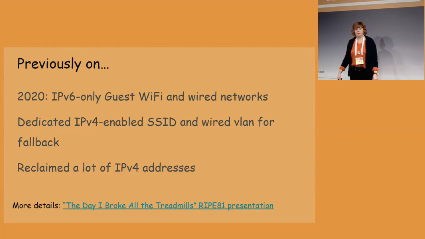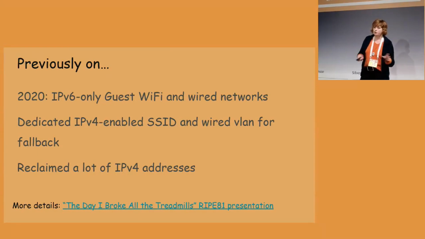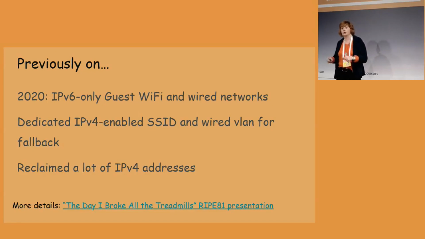So previously, you might remember, I gave a talk about the day I broke all the treadmills, because when we tried it for the first time, we wanted to do a proof of concept. And for the proof of concept, we selected the largest Wi-Fi network we have, the guest network. And we turned off IPv4 for Google guest Wi-Fi and for wired guest.